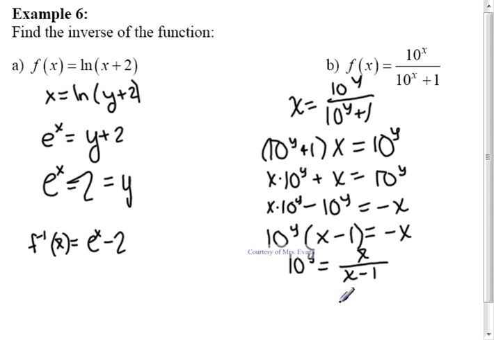And so now we have to get that y out of the exponent. One way we could do that is take the natural log of each side, and I would choose the log base 10 because the base is 10. Alright, so I would take the log of both sides.